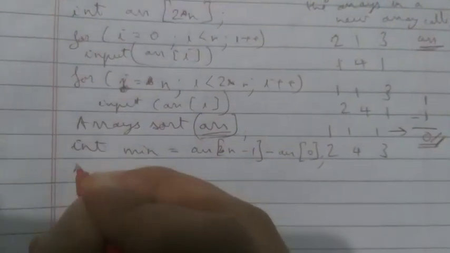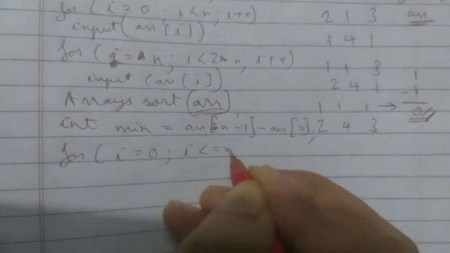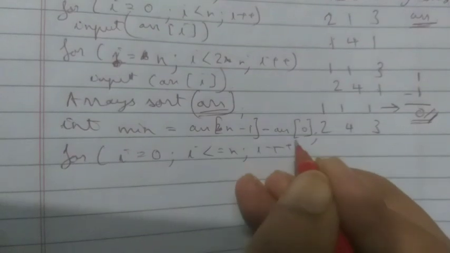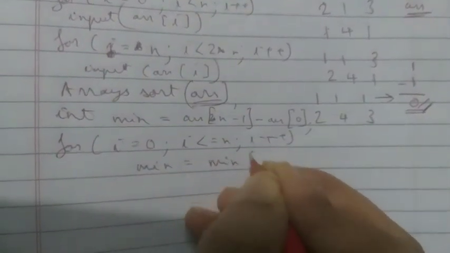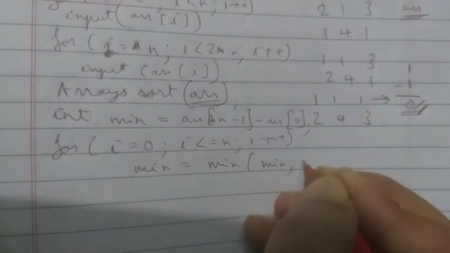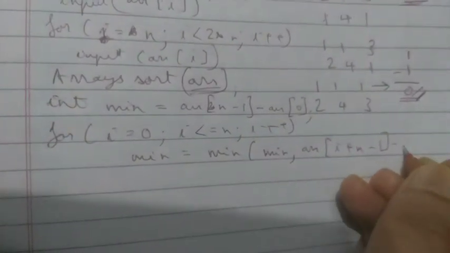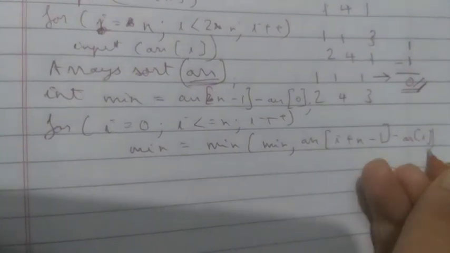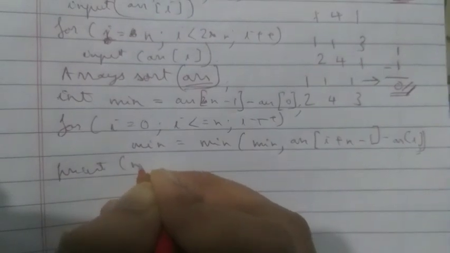Then we run a loop from i equals 0, i less than or equal to n, i plus plus, and minimum is equal to the minimum of minimum and ARR of i plus n minus 1 minus ARR of i. And then we print minimum.